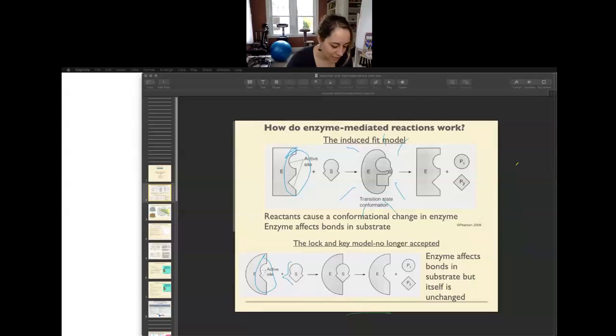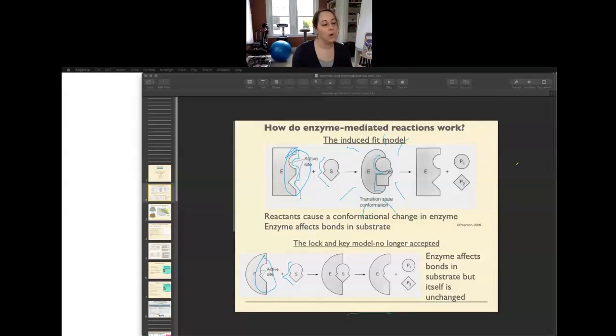What we see is that it definitely has some complementary features to the substrate, but it doesn't match the substrate exactly. It actually matches the substrate transition state a lot better than the substrate itself. And that's because the enzyme will change shape a little bit, changes conformation as the substrate changes conformation.